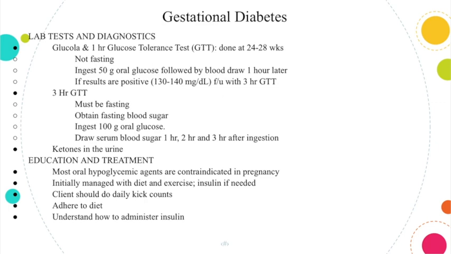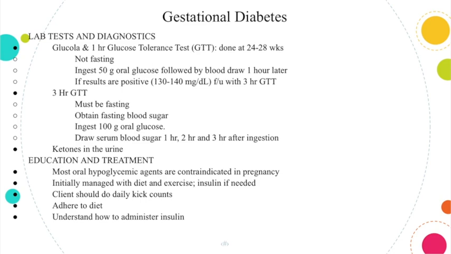So we're going to go ahead and do a glucola and 1 hour GTT done between 24 and 28 weeks. So when somebody gets this done, they're not fasting. They're going to go to the lab and drink 50 grams of this, it's like a clear liquid, but it's thicker than water.